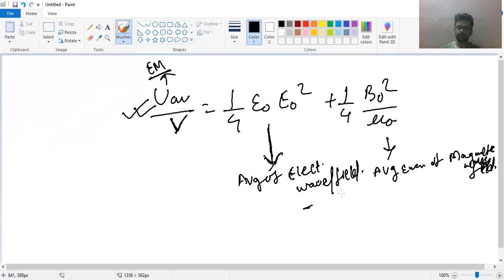If we add the averages of the electric field and magnetic field, we get the average energy of the electromagnetic wave, as the electromagnetic wave is made up of electric field and magnetic field, right?